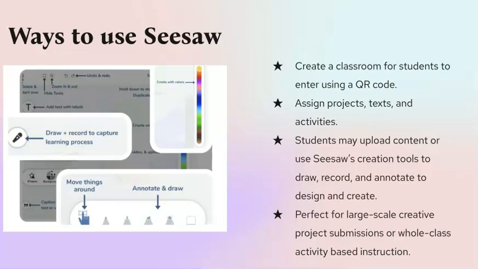Students have options, so it does incorporate student choice. Students may choose to upload their content that they've created on another platform directly to Seesaw, or they can use Seesaw's creation tools to draw, record, and annotate to design and create. This is perfect for large-scale creative project submissions or whole class activity-based instruction.